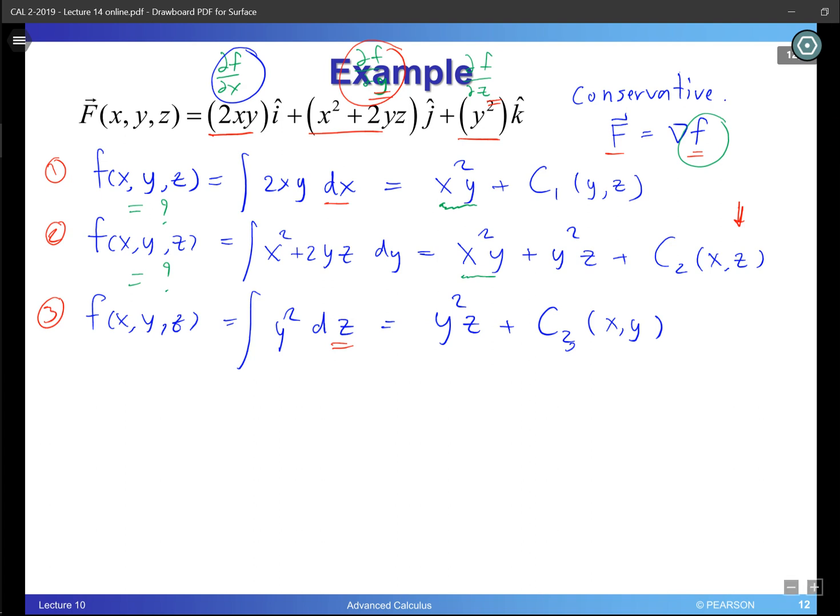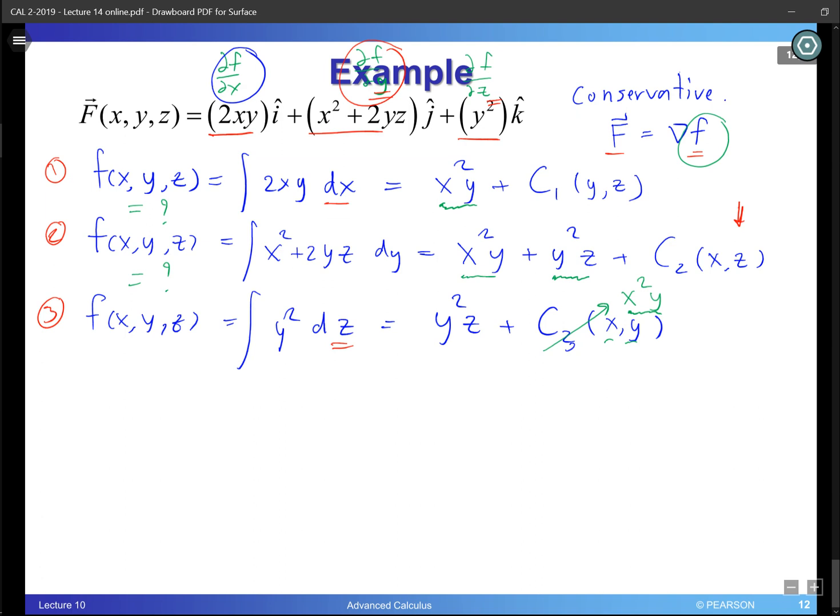So let's take a look here. Constant is allowed to have x and y. So yes, it's okay to put x squared y right here, and it's a common term with number 1 and number 2. Now let's take a look at the next term in number 2, which is this y squared z.